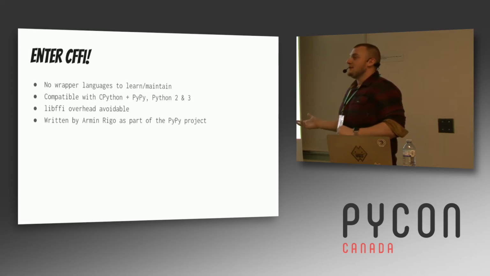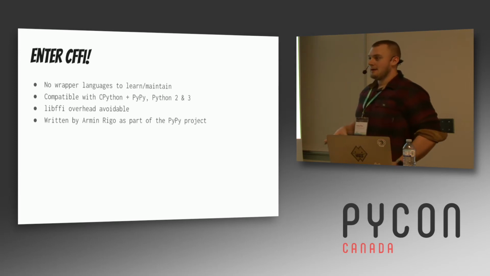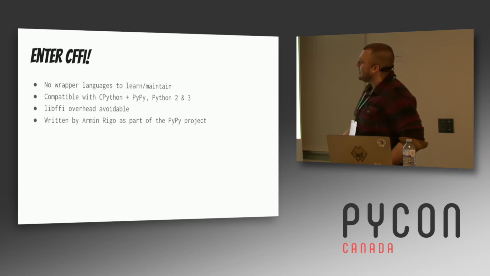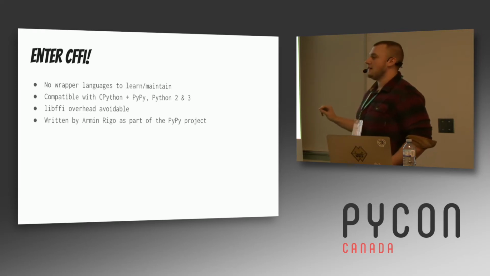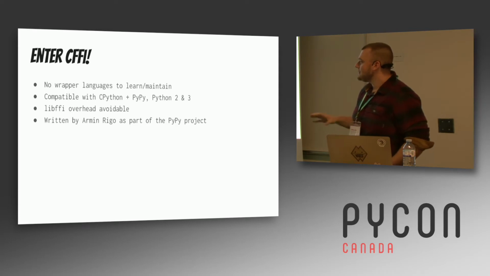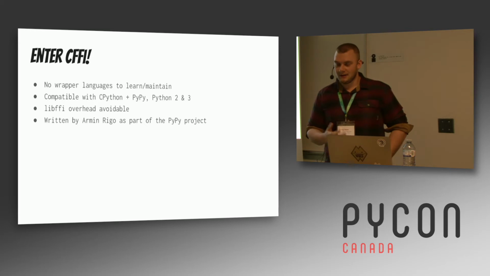The bindings that CFFI generates are compatible with CPython and PyPy, and they're compatible with Python 2 and 3 by default, so that's quite handy. You can avoid the overhead. Remember when I said with ctypes, there's a slight runtime overhead every time you're calling a function in C. You can avoid that depending on how you set up your project. So there's a lot of benefits to CFFI.